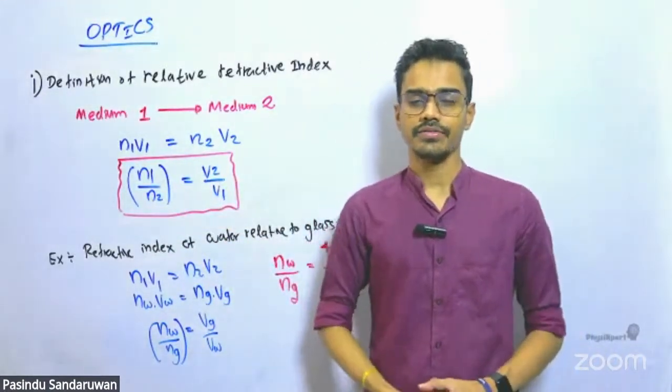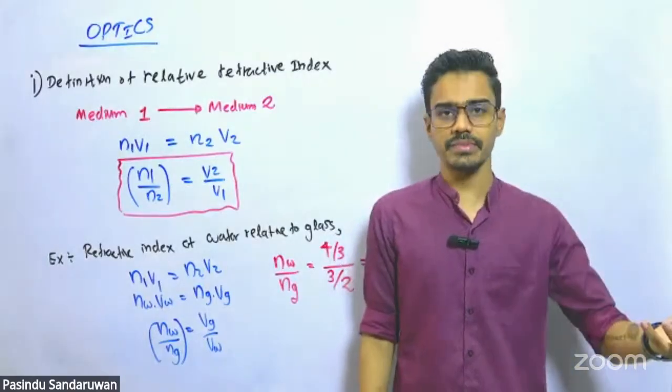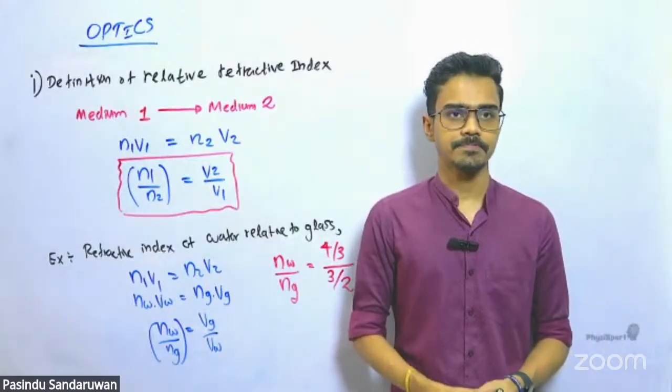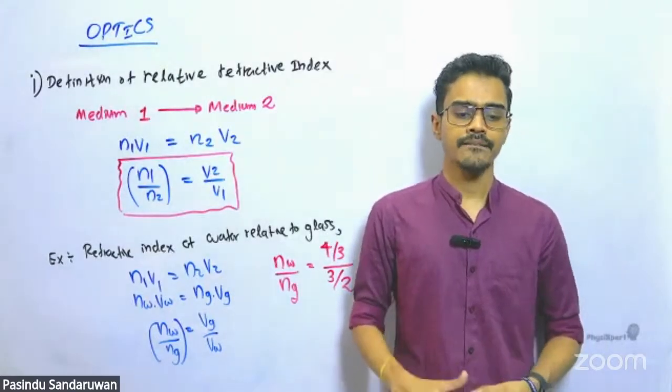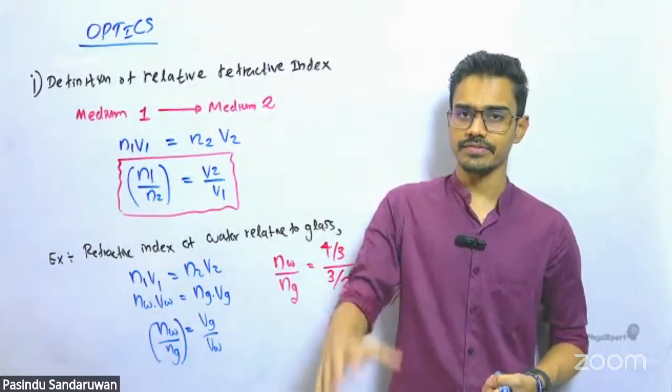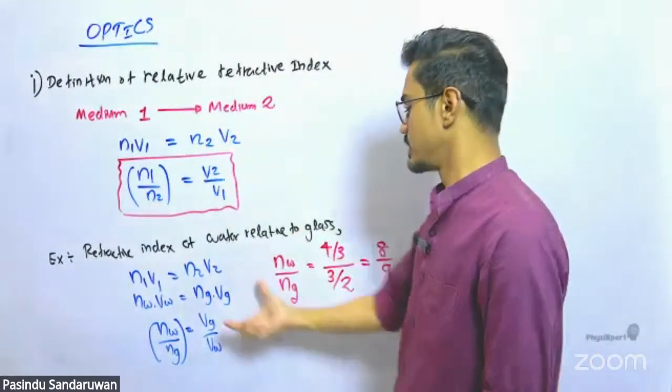So likewise, if this is defined with respect to a different medium, that is called the relative refractive index, right? If that is defined with respect to a medium, that is called absolute refractive index, right? Take it down.